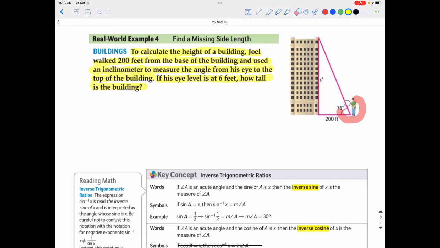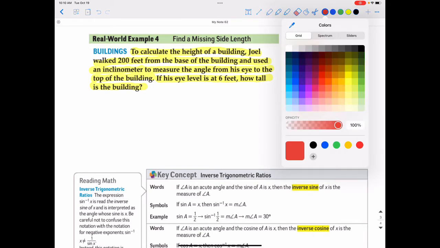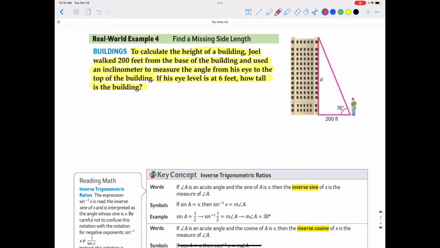So the picture more accurately should probably be more like this. That would be his eye level. That would be 76 degrees. And that this would be 6 feet from his eye level to the ground. So that's kind of important at the very end of the problem.